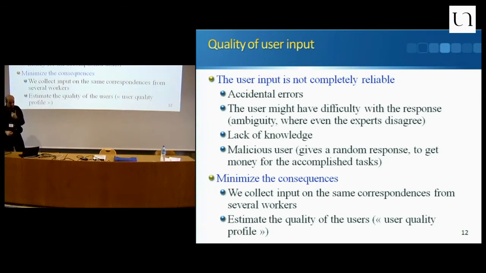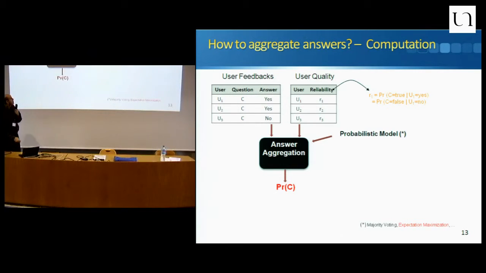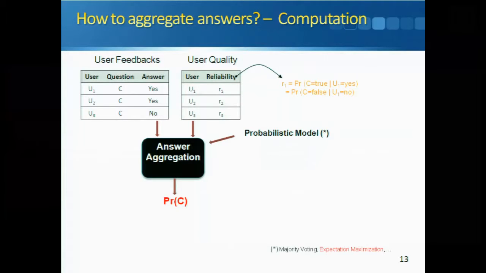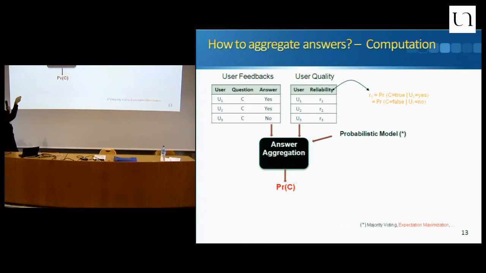In other terms, with the help of the expectation maximization method, we will ask the same question several times, and at the same time we are building up a database of user quality estimation based on the responses.